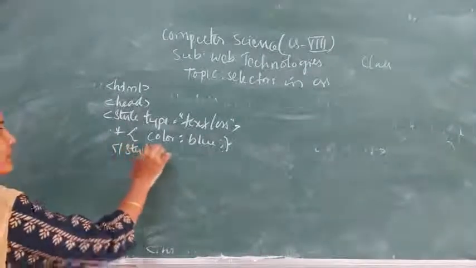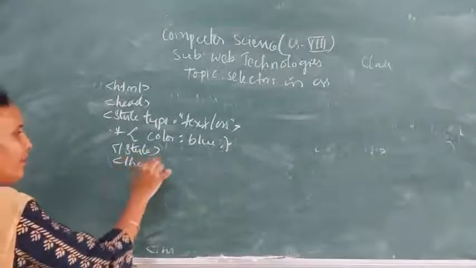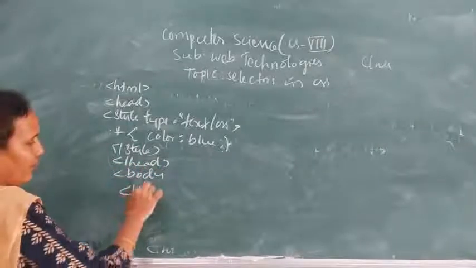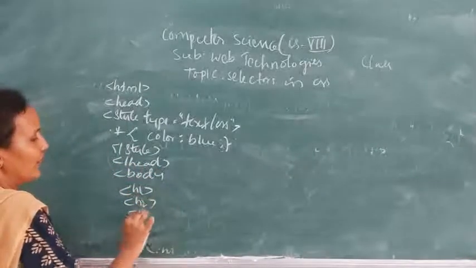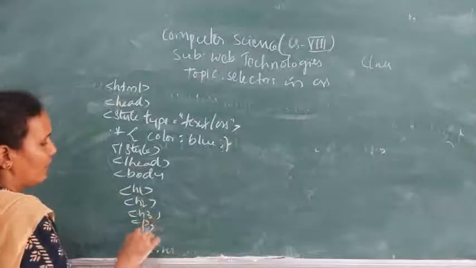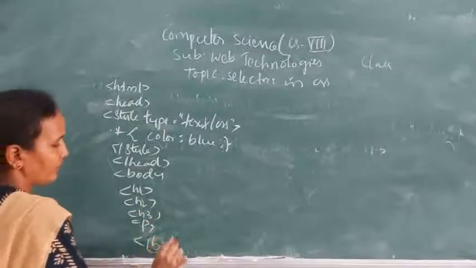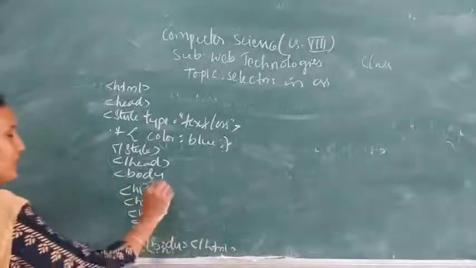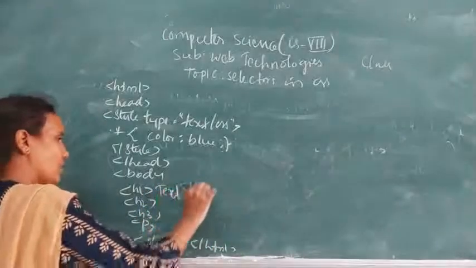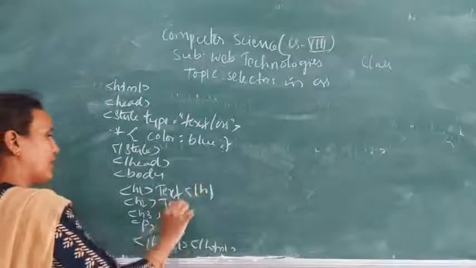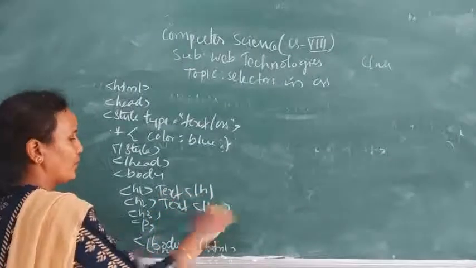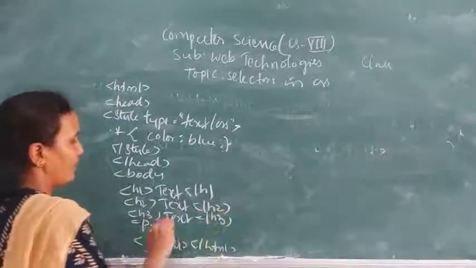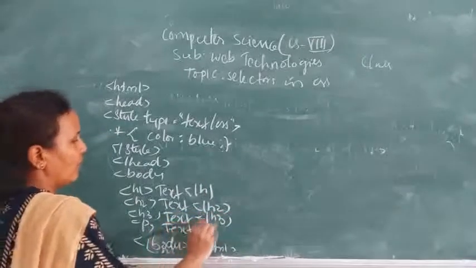Close style, close head. Next, open the body tag. Inside the body tag, you write H1, H2, H3, and a paragraph, giving the content also: text, close H1, text, close H2, text, close H3, text, close H2.